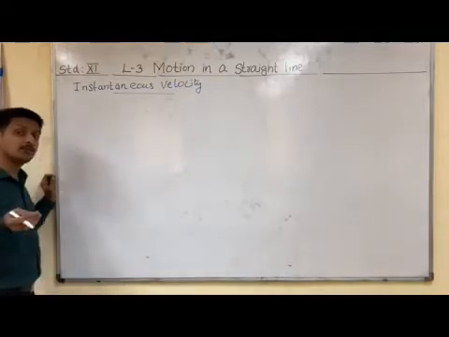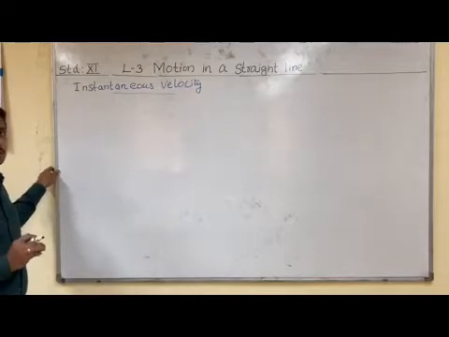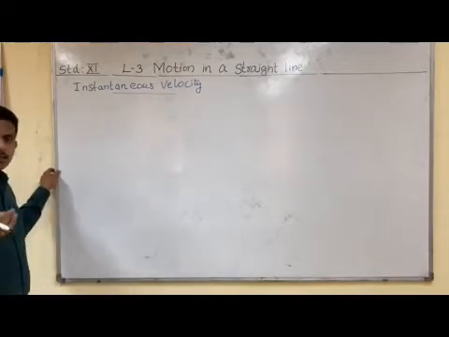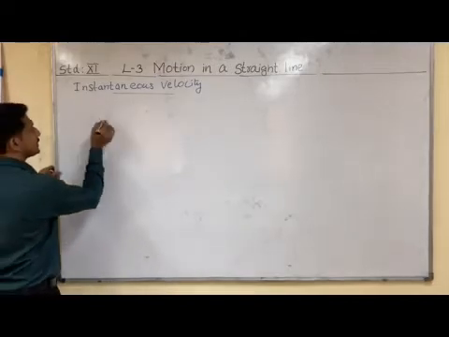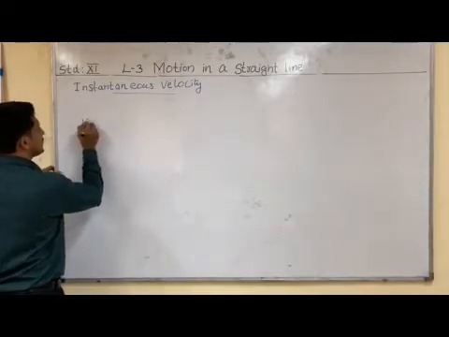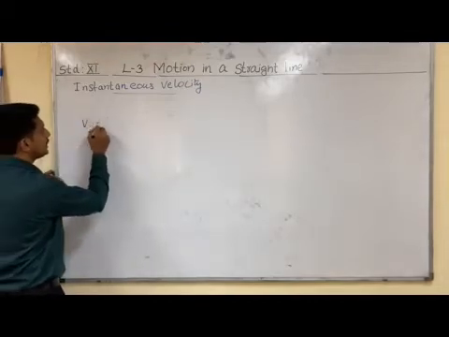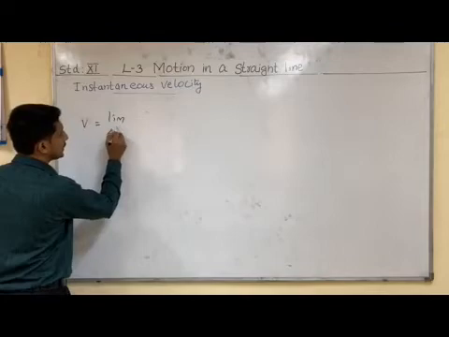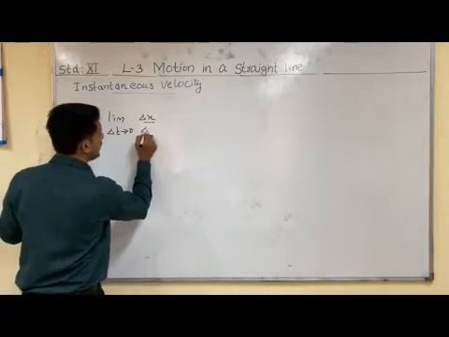We can define the instantaneous velocity as the limiting value of the average velocity as the time interval delta t tends to 0. So the instantaneous velocity, which is represented by v, is the limit as delta t tends to 0 of delta x by delta t.